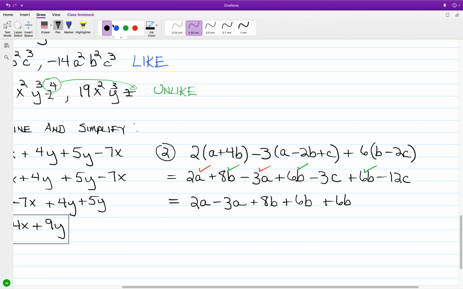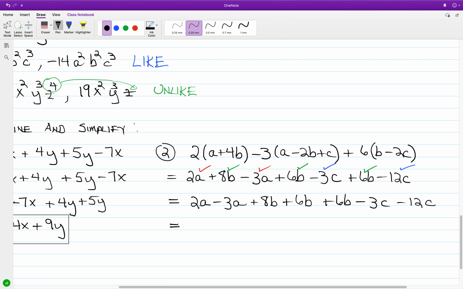And for what we have left over, we have in the variable c, so we have negative 3c minus 12c. So we have, after the distribution, 7 terms to put together.